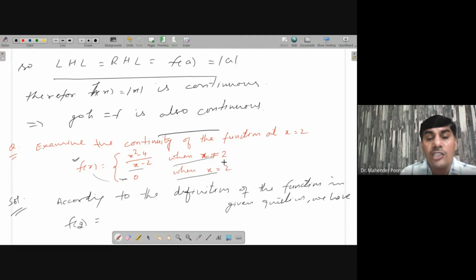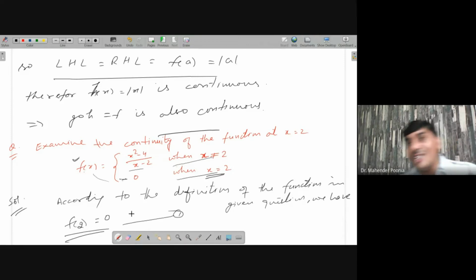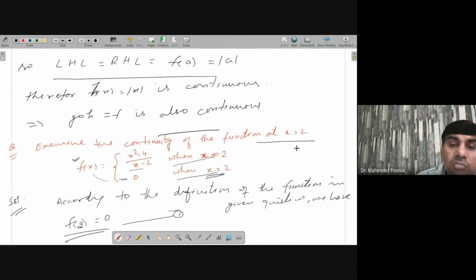If we put x is equal to 2, then the value of the function is 0. That means f of 2 is equal to 0. Put it as equation number 1. That means the direct value of the function at x is equal to 2, the given point at which we want to check the continuity.